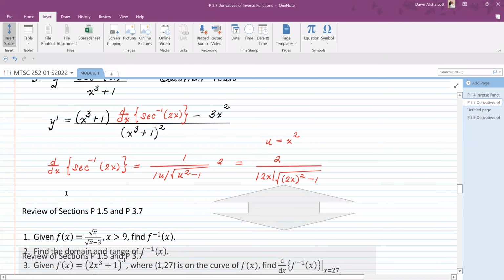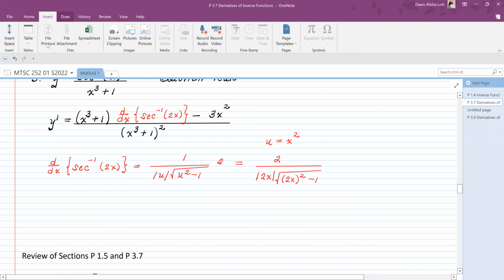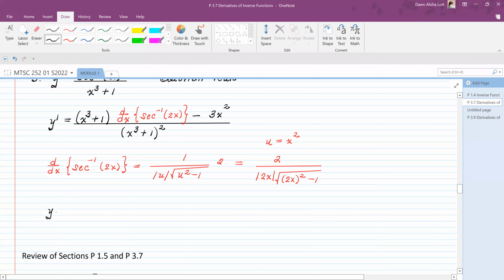When we put it together, y prime is x cubed plus 1. I'm going to cancel the 2's, so I'm just going to get 1 over the absolute value of x times the square root of 4x squared minus 1. And then I'm going to get minus, I think I forgot something. 3x squared, the derivative of the bottom times the top.